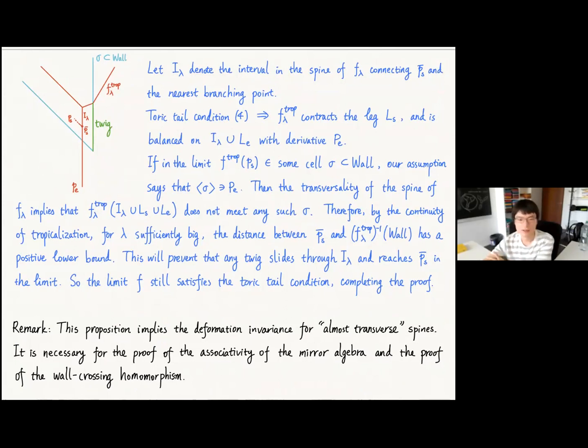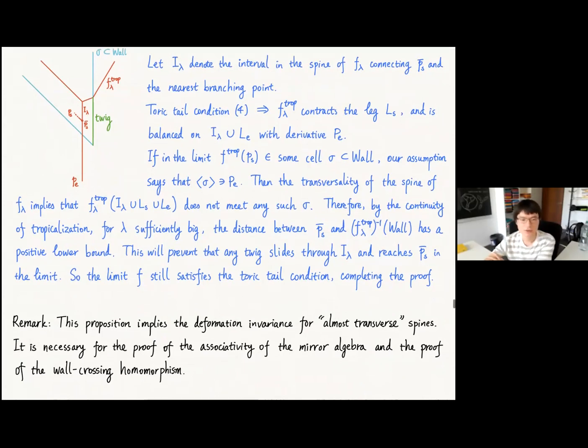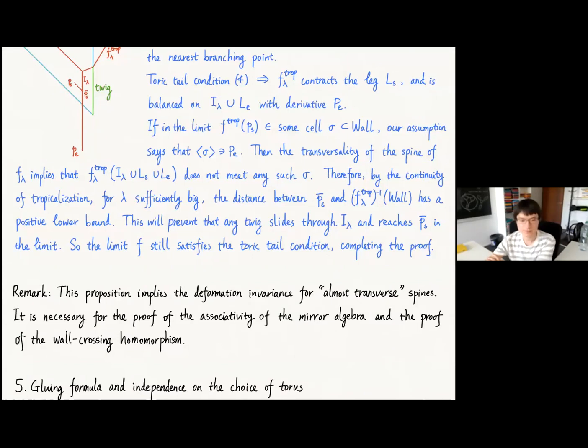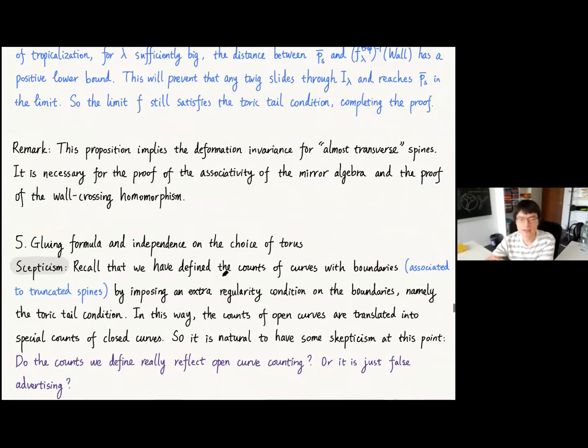And now, in the remaining 5 minutes, I'll give a quick introduction to the gluing formula. Recall that we have defined the counts of curves with boundaries associated to truncated spines by imposing an extra regularity condition on the boundaries, namely the toric tail condition.